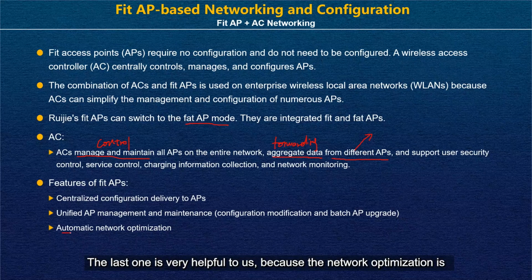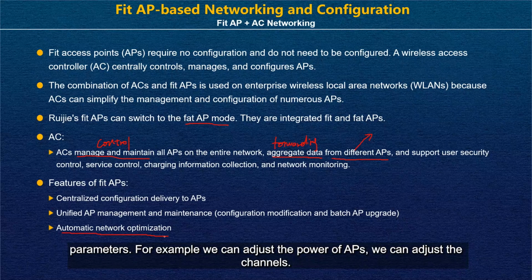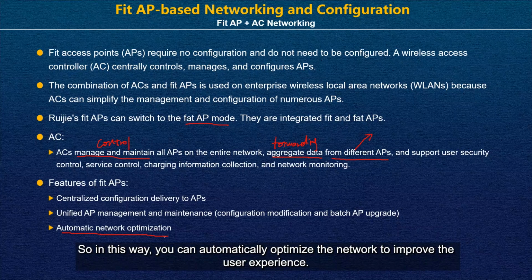The last one is very helpful to us because network optimization is very difficult. And if we have ACs, we can use some tools to automatically adjust some parameters. For example, we can adjust the power of APs and the channels. In this way, we can automatically optimize the network to improve the user experience.